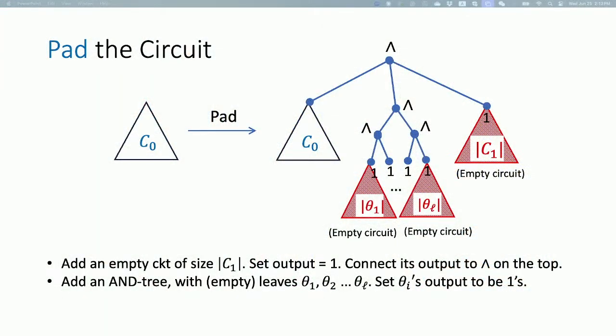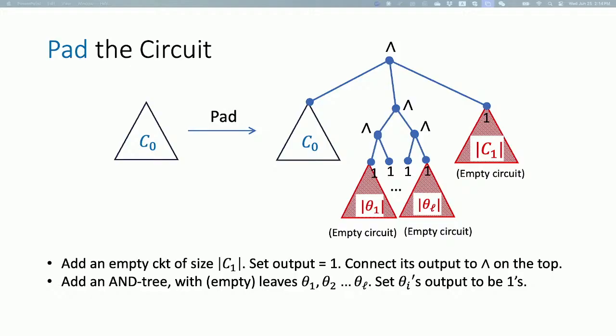We also add a big AND tree in the circuit, and for each leaf of the AND tree, we add an empty circuit reserved for the proof lines from theta 1 to theta L. Initially, they're all set to be empty, but later we will fill them using the proofs.